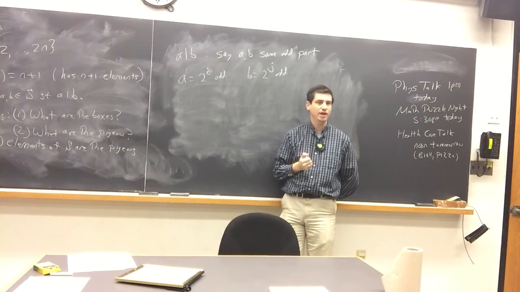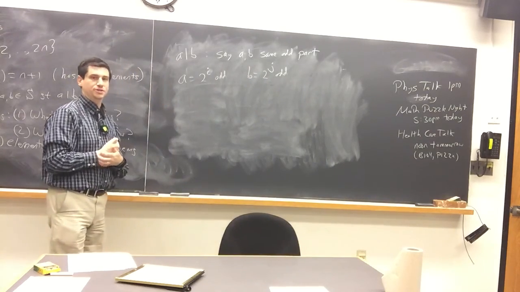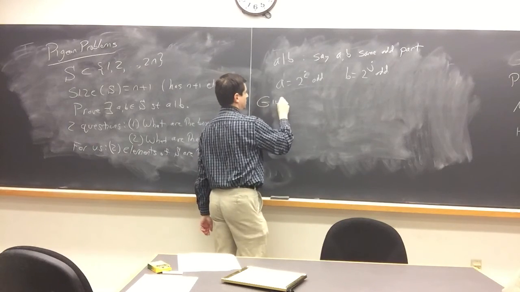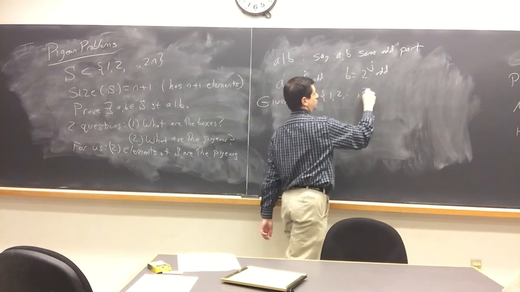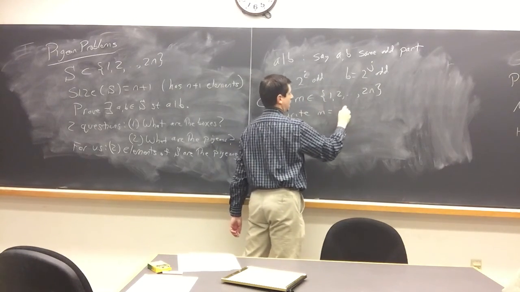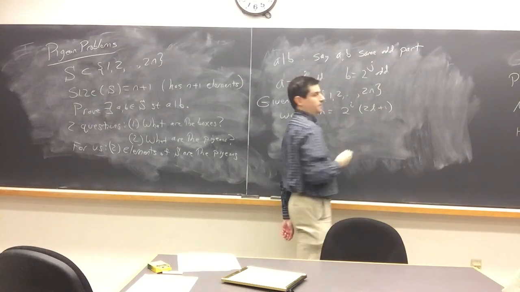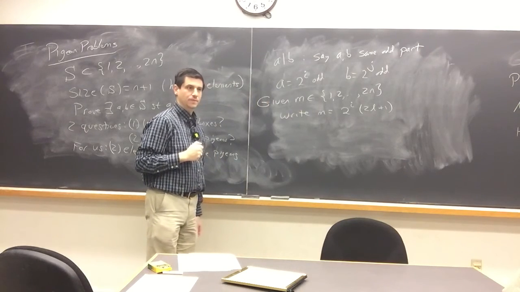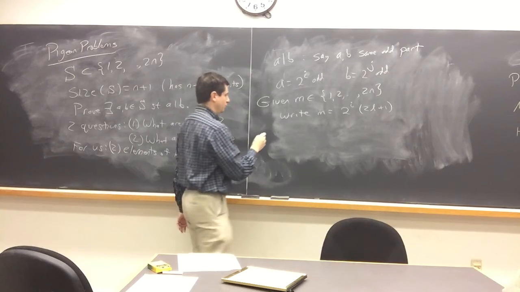How many odd numbers do we have? We have n. What we can do is our boxes will be the odd components. Given m in 1, 2, up to 2n, we can write m as 2 to the i times (2l plus 1). And so the boxes will be by the odd part.